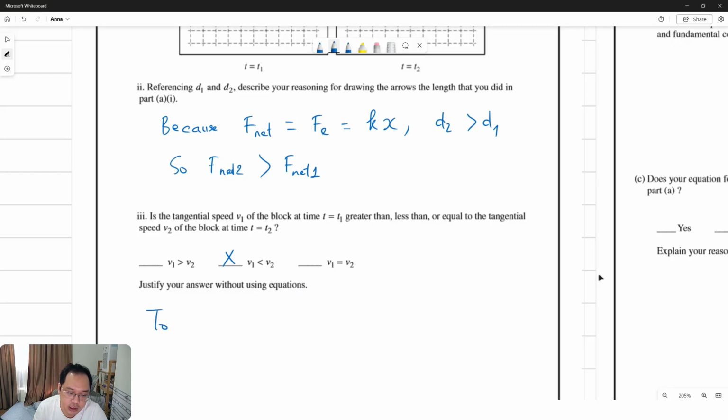To extend the spring more requires a greater force, and that force is actually called the centrifugal force.